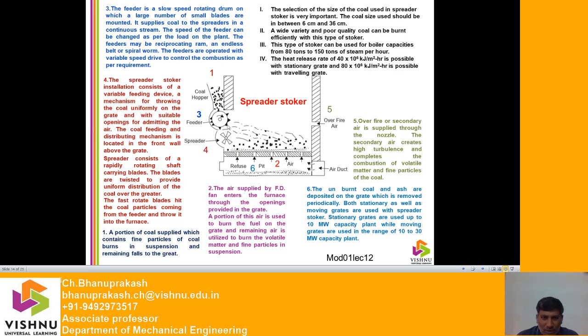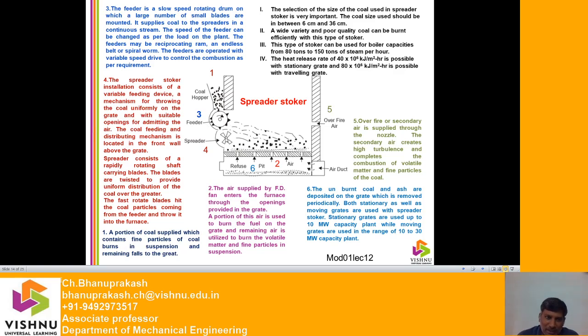The feeders may be operated by a reciprocating drum, endless belt or spiral worm. The feeders are operated with a variable speed drive to control the combustion as per requirement. Here I am not showing it, but it is attached with a variable speed mechanism or variable speed drive, so we can control the combustion rate also.